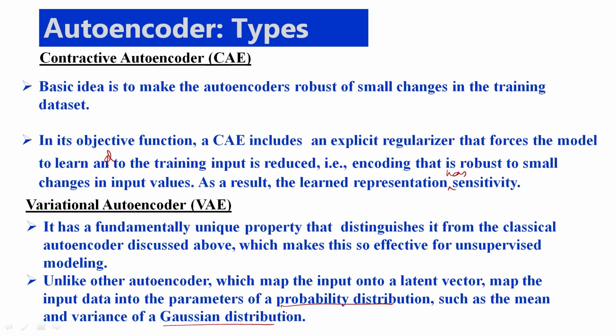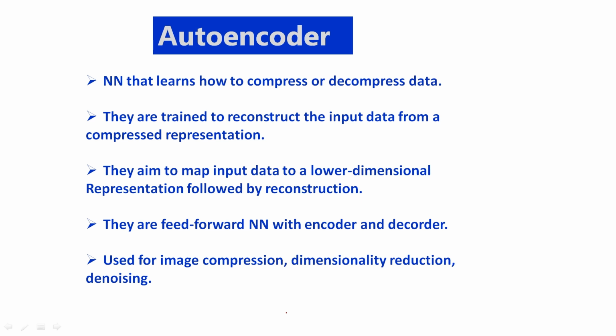Then you have the contractive autoencoder, which uses an explicit regularizer so that the analysis can be robust to any small change in the input data. And the last one is the variational, which uses probability distributions. So, in a nutshell, a neural network that learns how to compress and decompress data is called an autoencoder. They are trained to reconstruct the input data from a compressed representation.